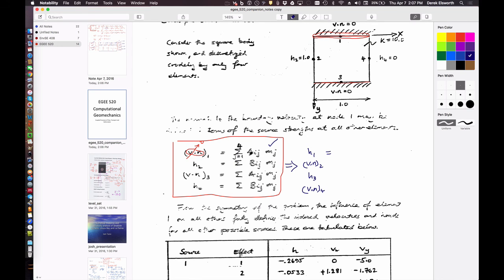But the complementary condition, right? This one is going to be the sum of the b values times mj. This is going to be equal to the sum of the a values, ij, mj. This is going to be the sum of the b values, done exactly the same way as before, but now we're getting the complementary conditions.